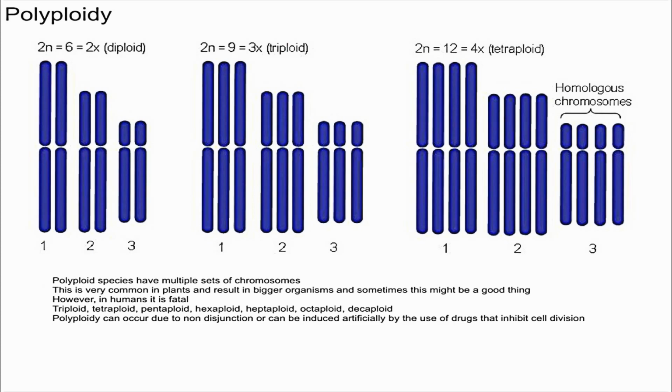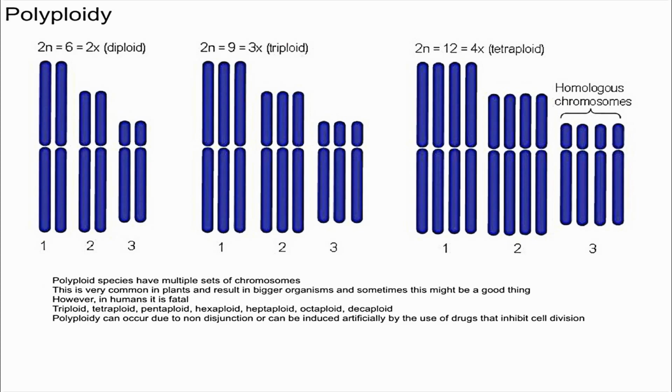It might be pretty cool to mention that some of the fruits we eat are polyploid. For example, seedless watermelons are triploid. Wheat and kiwis are hexaploid. And some types of strawberries are even decaploid, so they have 10 sets.